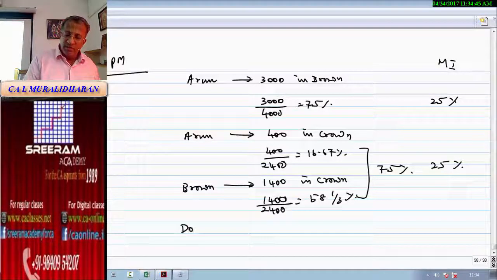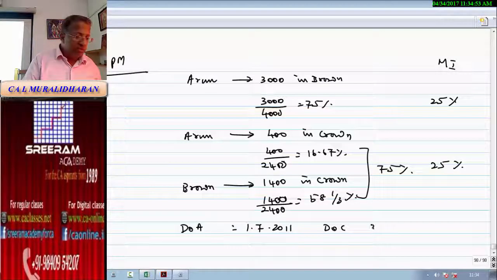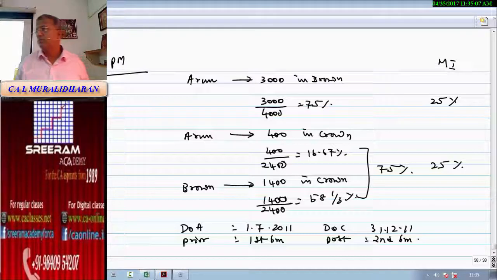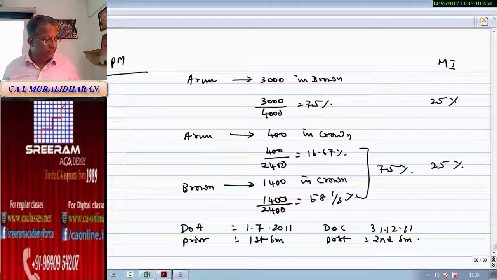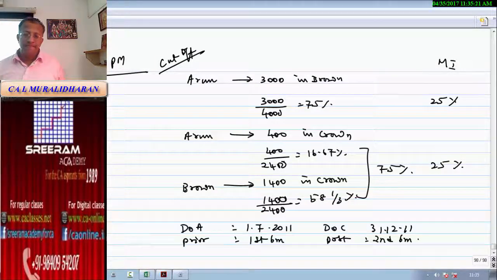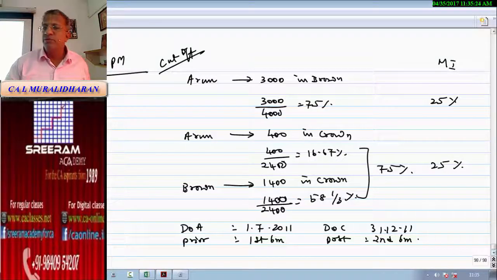Date of acquisition in both the cases being 1/7/2011, date of consolidation being 31st of December 2011; prior to acquisition the first 6 months period, and post acquisition the second 6 months period. Okay. Then this is what we normally note down under the head called cutoff. Shall I proceed to the next one?